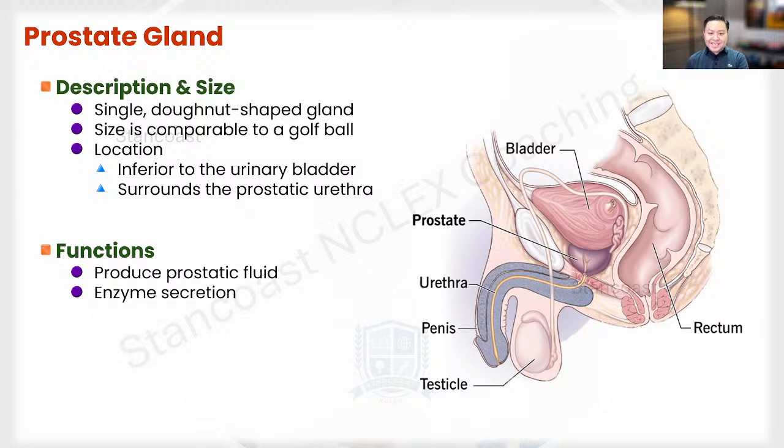Another function is enzyme secretion. The prostate gland can produce several enzymes, and this includes the prostate-specific antigen, known as the PSA, and also the prostatic acid phosphatase. Going back to the PSA, it helps liquefy the semen following ejaculation, and it helps the sperm to swim freely.